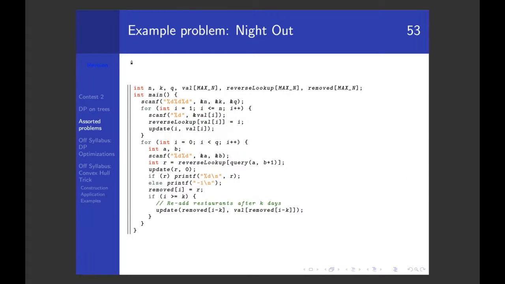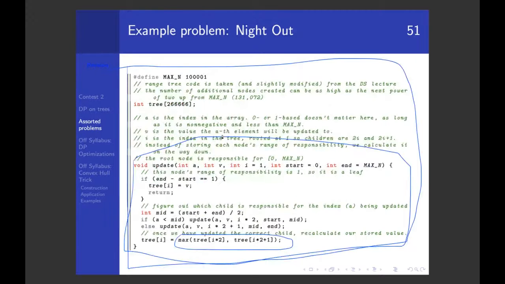And this is the actual code for the problem. So what are we doing? Here, we scan the input. We have a reverse lookup array. This array was given a rating, what is the index? So here we say the rating value I corresponds to index I. This update function updates our segment tree.